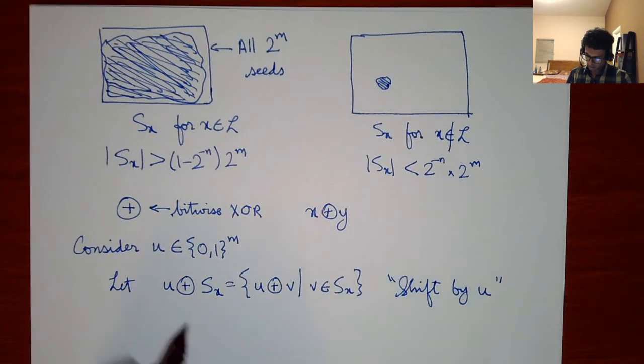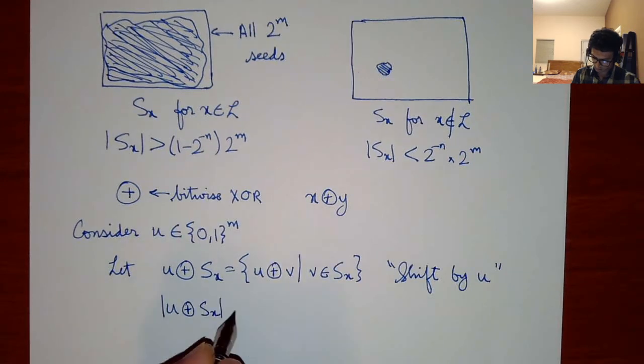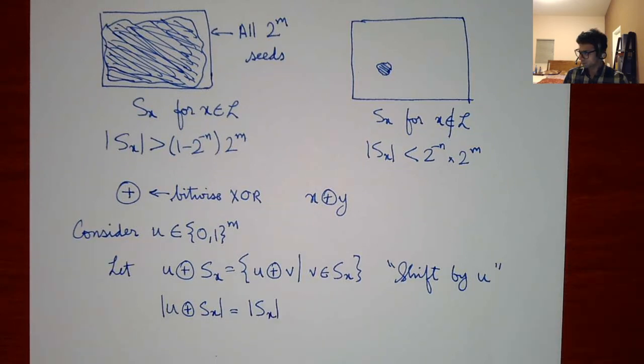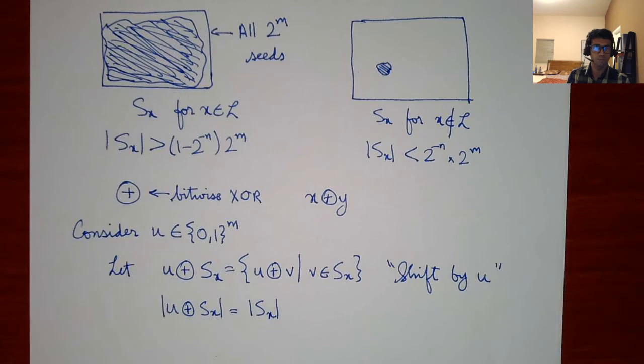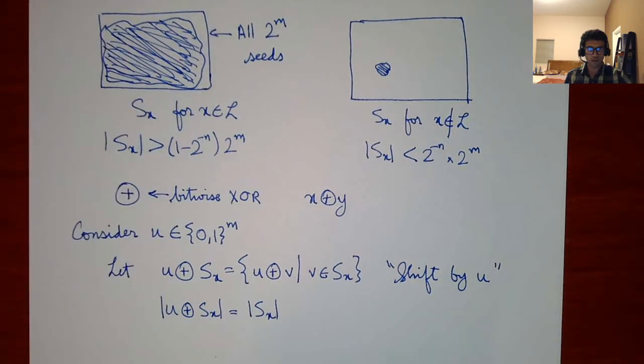Note that the size of the shift is exactly the same as the original set. So this is just taking every string and applying a bitwise XOR with a fixed string. So you fix u and you can do a bitwise XOR with everything. So that's like just shuffling.